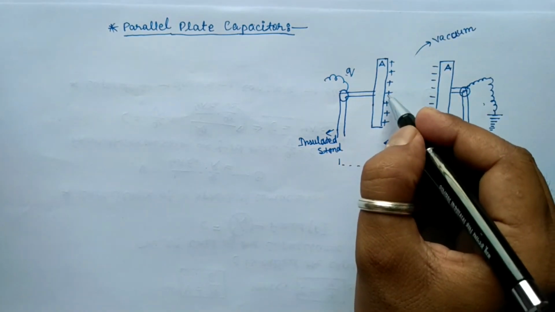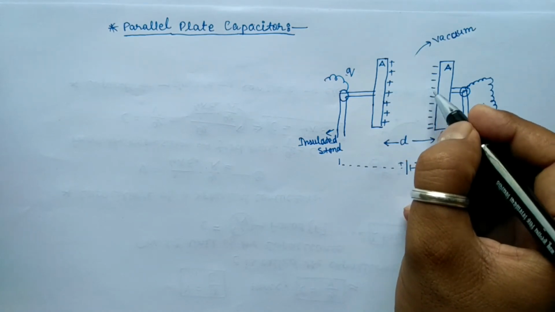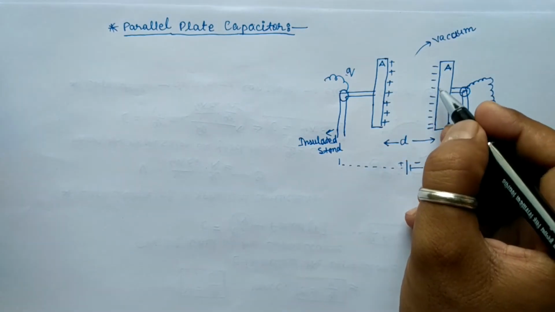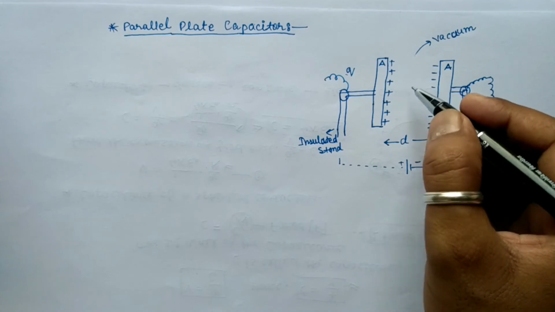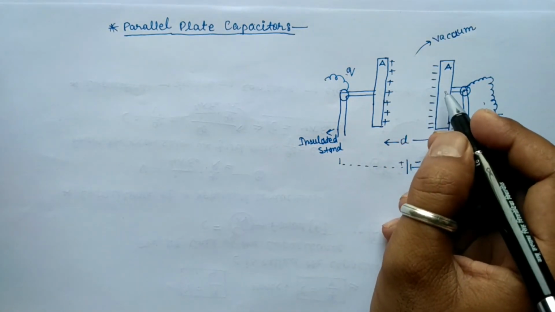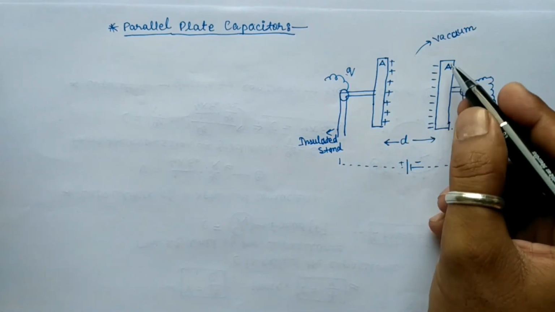This charge induced a negative charge on the inner surface of this plate. This charge will appear on the facing surface.